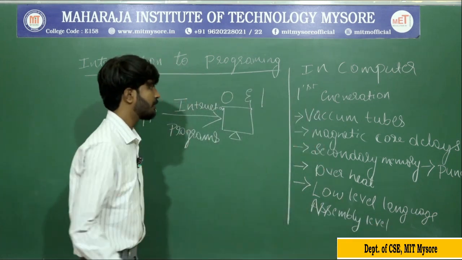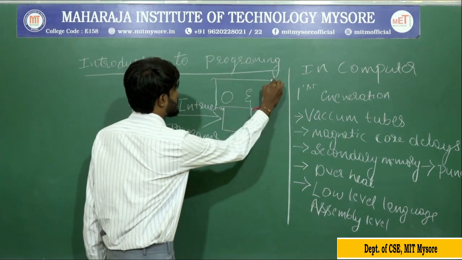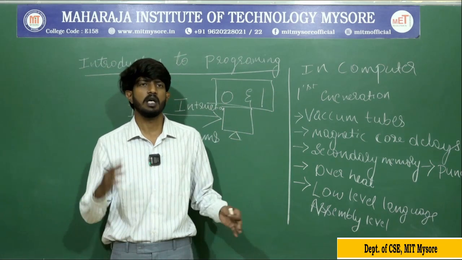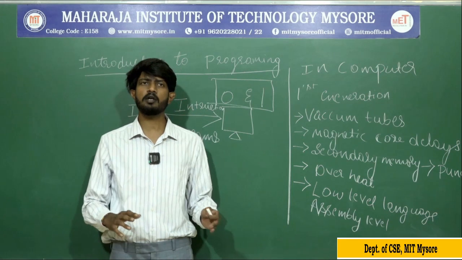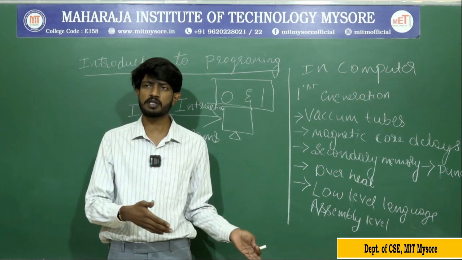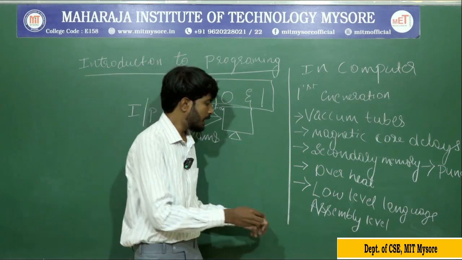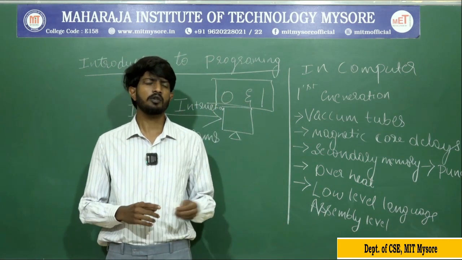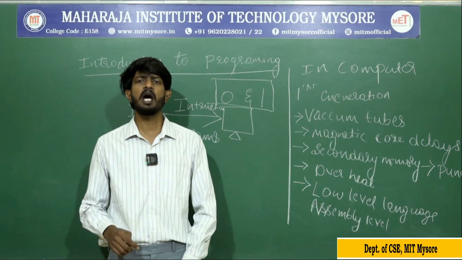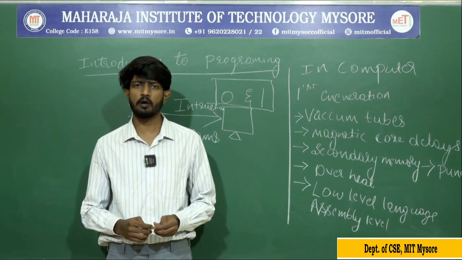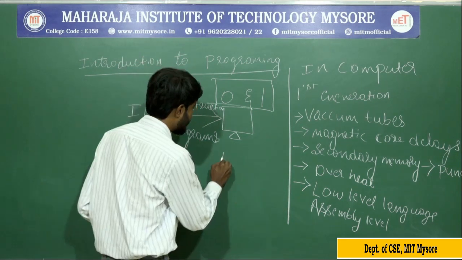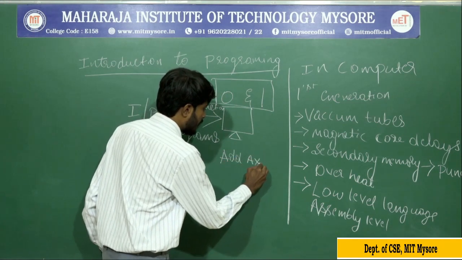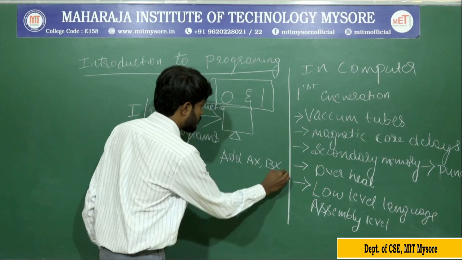Low level language means zeros and ones. So the inputs are given as zeros and ones. If you need to add something, you need to give the instruction in the format of zeros and ones. And the assembly level is like we have some instructions. These assembly levels are used in microprocessors and microcontrollers, like ADD AX, BX.